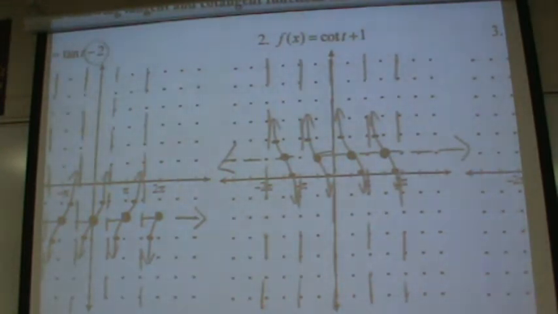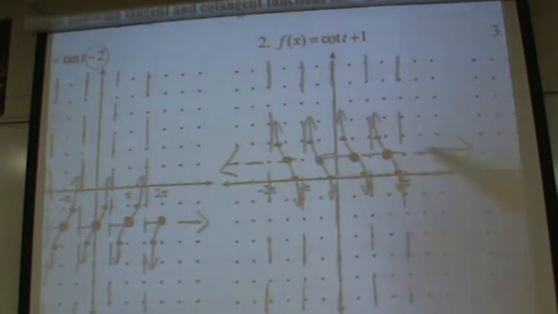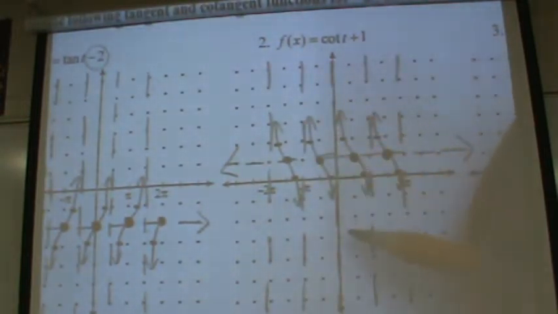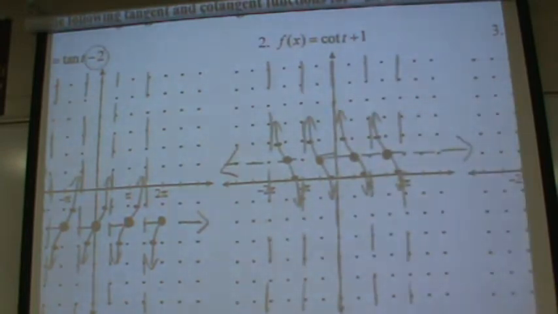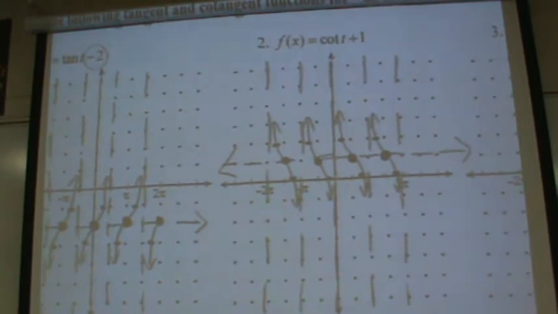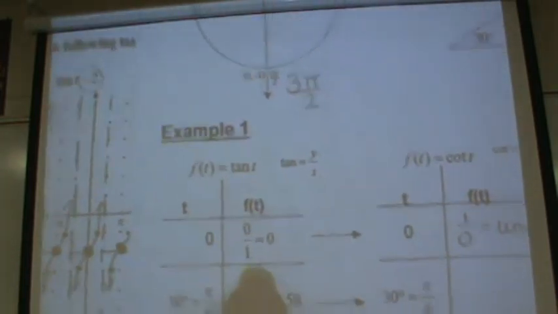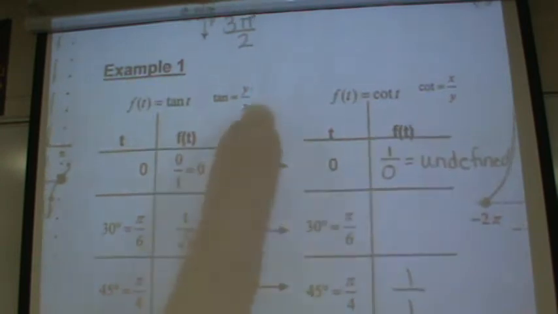Questions on that one? For the first one, at 0 for cotangent? Do you not understand why you have asymptotes? No, just why the difference. The first one's tangent, the second one's cotangent. Yeah, the reason why, see on the notes, the table: because the definition of tangent is y over x.